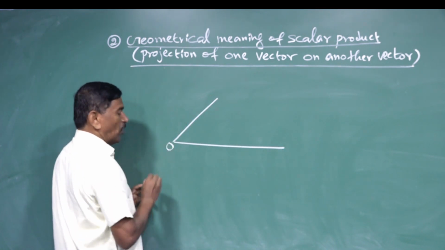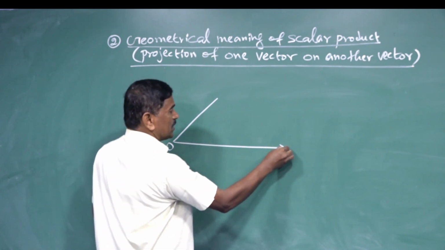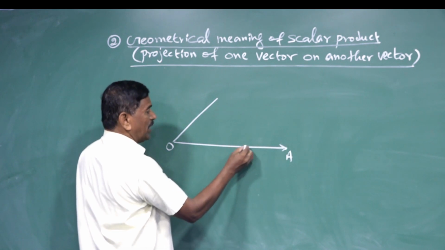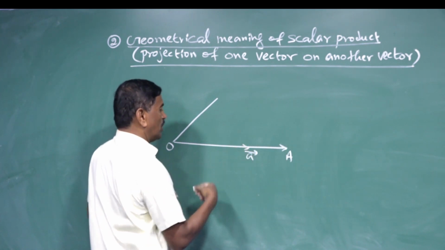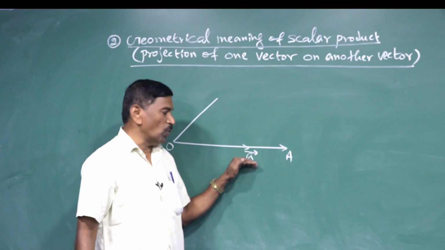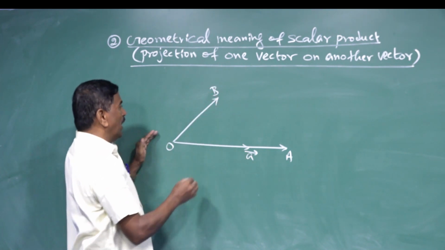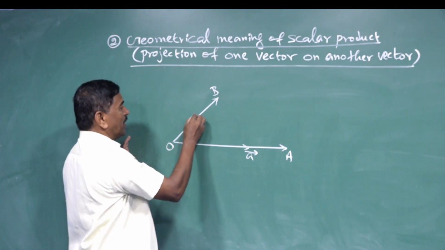Let O be the origin, and let OA vector be equal to A vector. Next, let OB vector be equal to B vector.